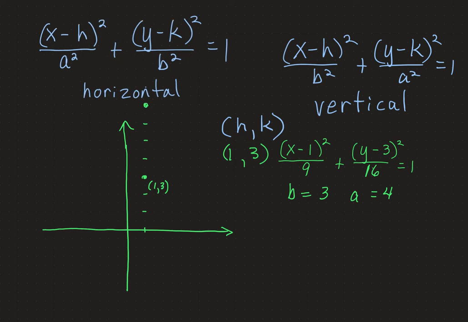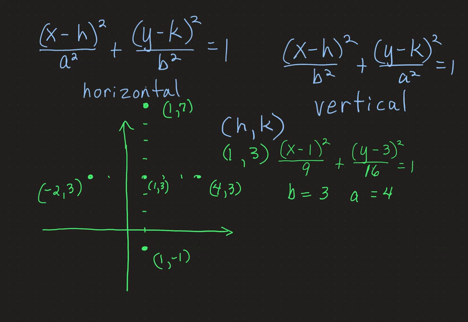Okay, there we can place it now, and that's located at (1, 7), 4 units above our center, and 1, 2, 3, 4 units below our center at (1, -1), we have the other vertices. Now we count over 3 units to the right and 3 units to the left of our center to mark the endpoints of the minor axis, and let's label those. There they are, (-2, 3) and (4, 3).